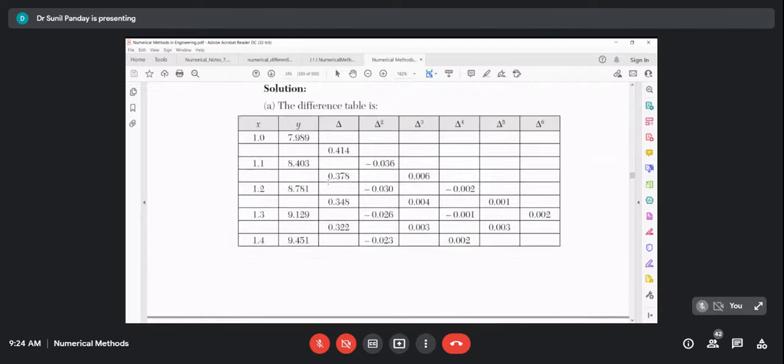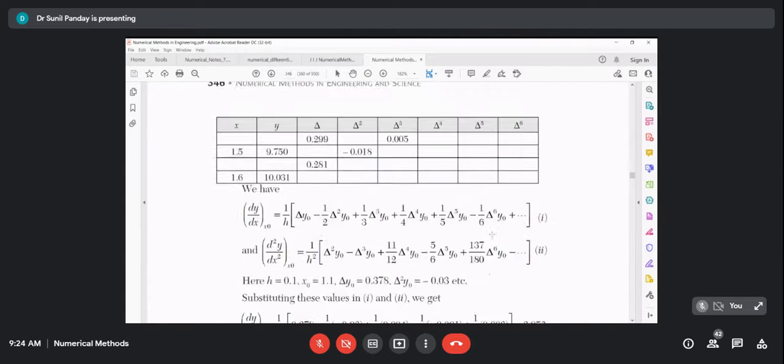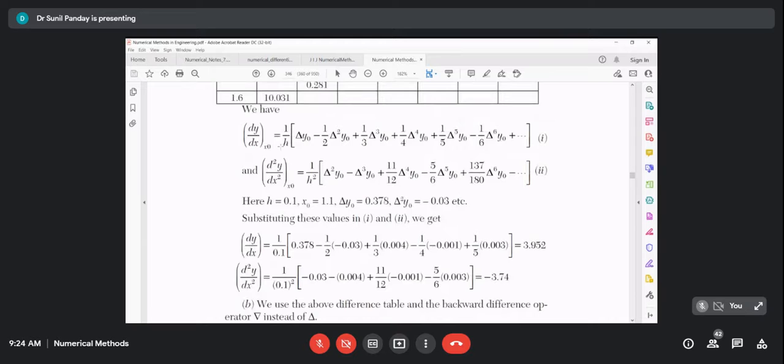But when it is required at this point, you put p equals 1 and then you will get a new formula for this point. But now what they are doing is taking this as x naught, assuming this as y naught, this as delta y naught, this as delta 2 y naught, and like this they are taking the values. So if they take the values like this, we can apply this formula as it is. That's why I told you to remember this form of the formula, and it can be applicable.